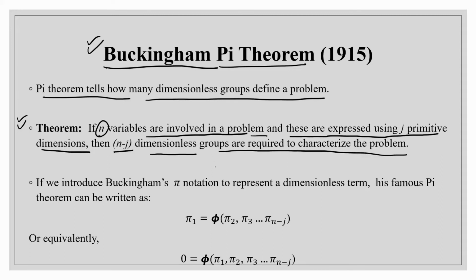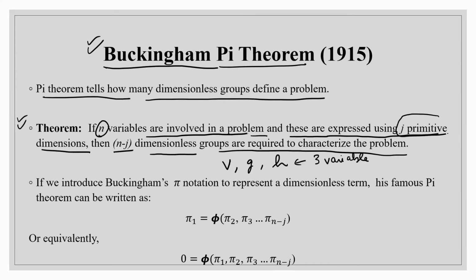If we talk about the previous example, we see that there were three variables. What are the three variables? V, h and g. These variables have j primitive dimensions.